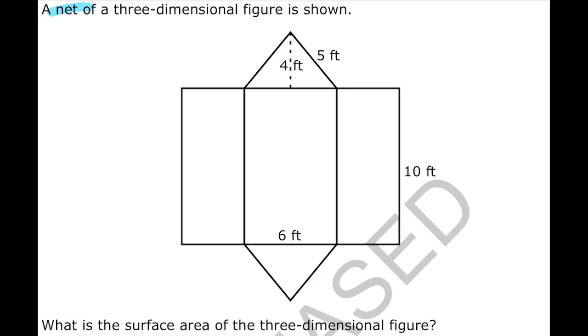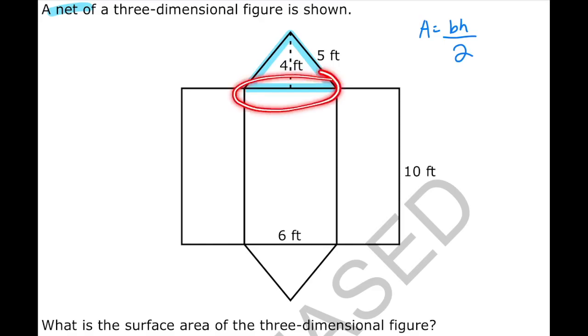So looking at the triangle at the top, let's go ahead and start there. We know that this is going to be base times height divided by 2. And when I look at the length of the base here, I don't see a number identified right on this part.